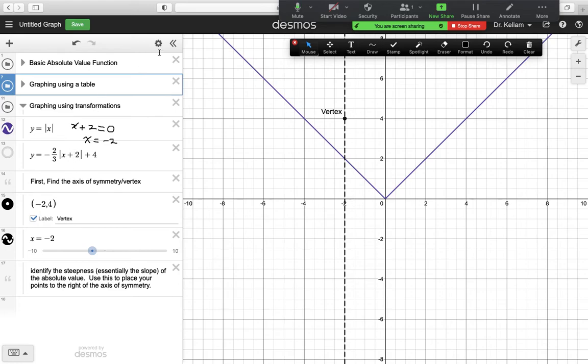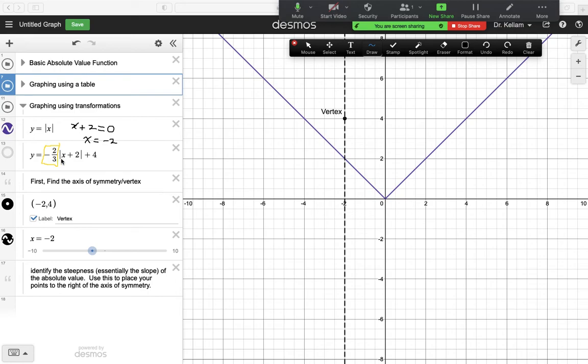Now, we are going to identify the steepness. And the way we identify the steepness is we are going to look at the number in front of our absolute value expression.